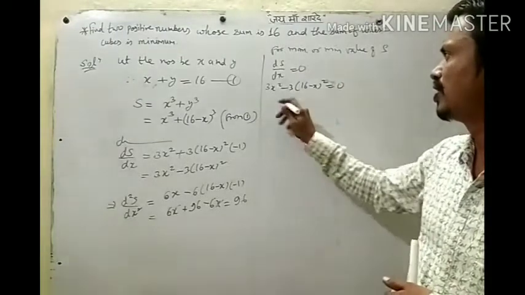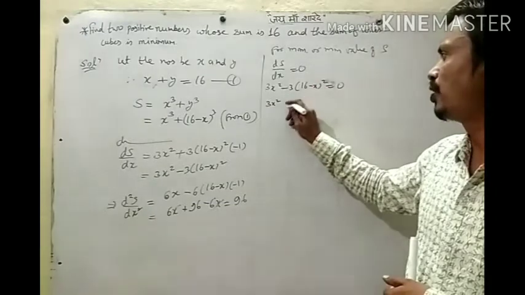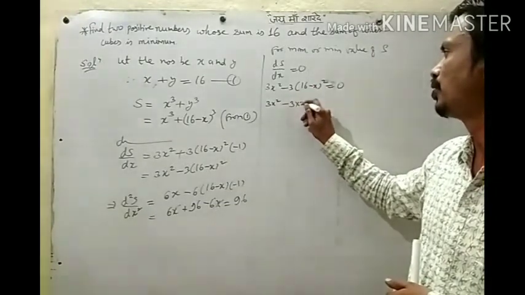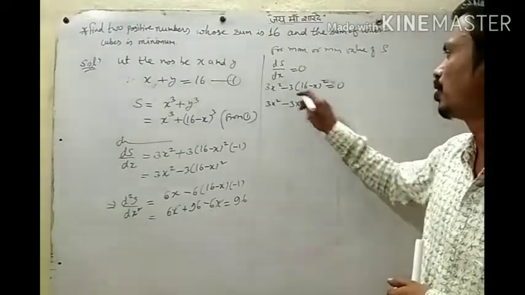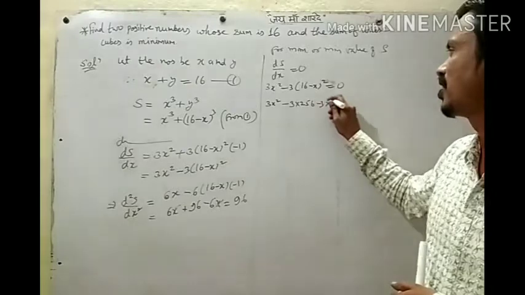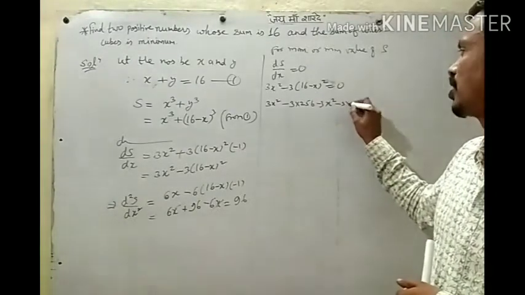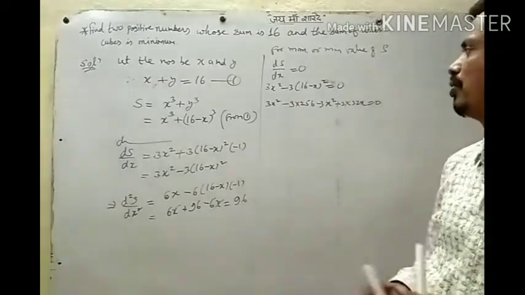Now simplify this: you get 3x square minus 3 times 256 plus 3x square, that is, 32x times 3, equal to 0.